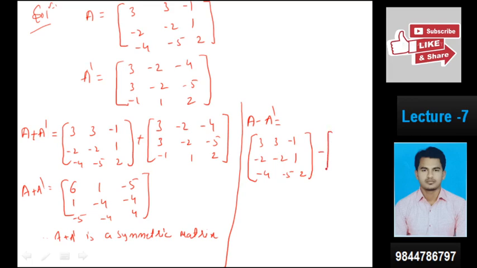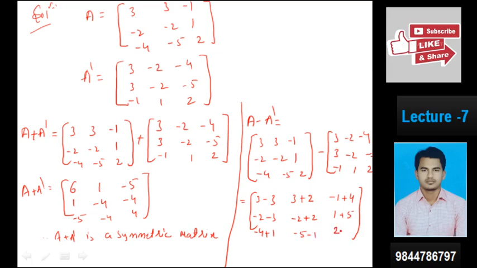Subtract with A transpose: 3 minus 2 minus 4, 3 minus 2 minus 5, minus 1 1 and 2. It is equal to, subtracting: 3 minus 3, 3 minus of minus 2 is plus 2, minus 1 of minus 4 means plus 4, minus 2 minus 3, minus 2 plus 2, 1 minus of minus 5 is plus 5, minus 4 of minus plus, minus 5 of minus 1 and 2 minus 2.